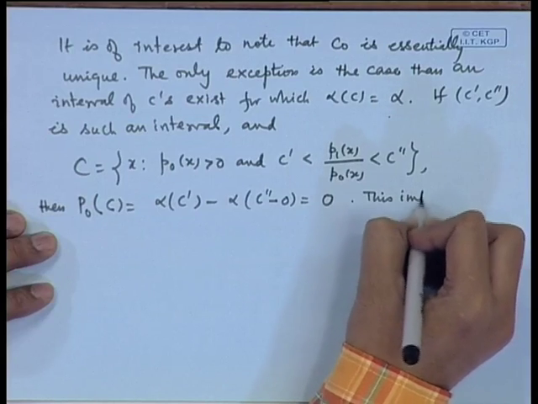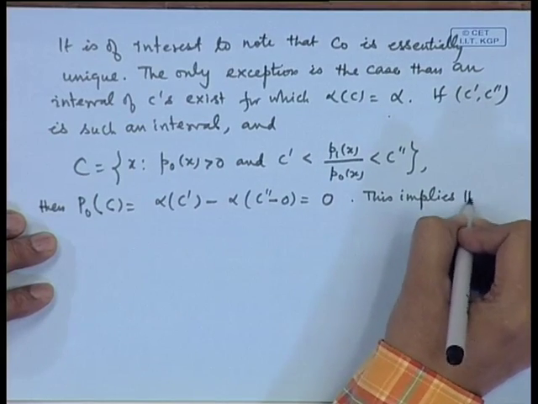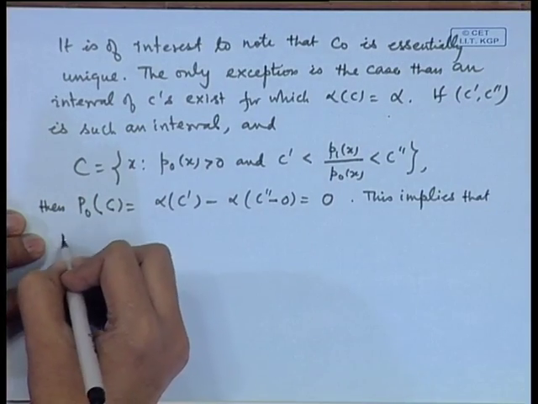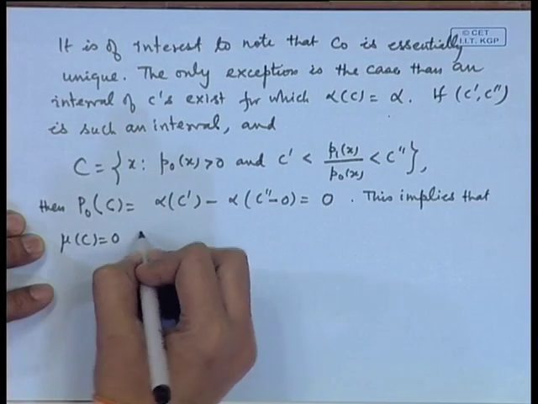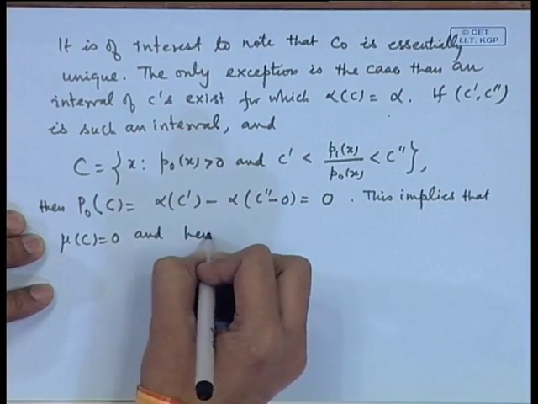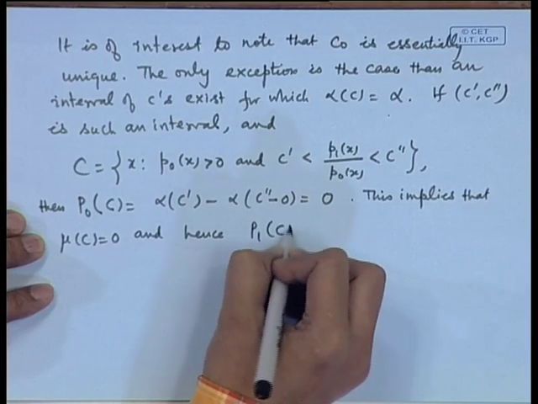This implies that mu C is equal to 0 and hence P 1 of C is equal to 0.